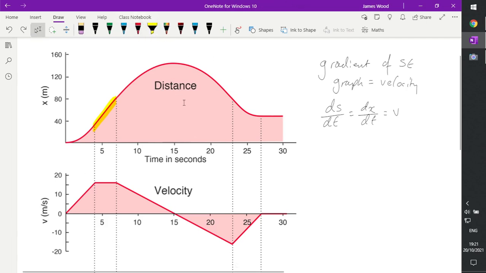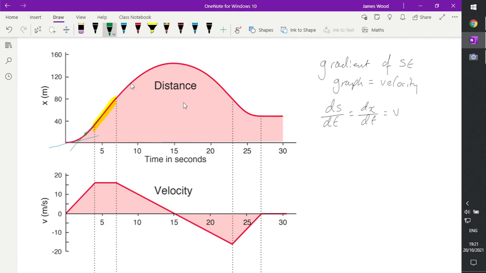In a different section of the graph, if I draw some tangents, if I look at the very first section, at the start it's very flat, and then it's going to get steeper. So if I drew a tangent here, it would be a lot steeper. So it's going from a low gradient to a higher gradient. Well, that's what's happening here. It's going from a low value to a higher value.